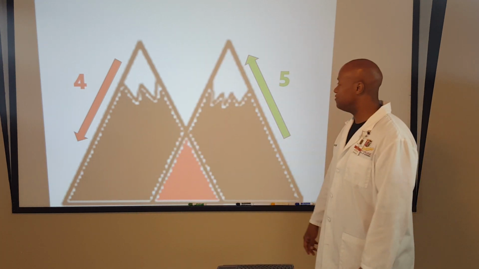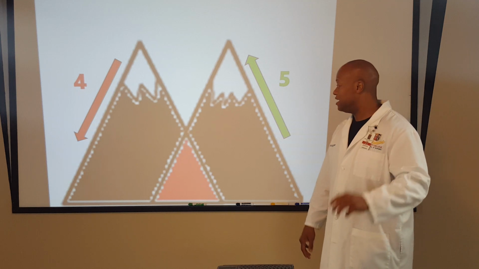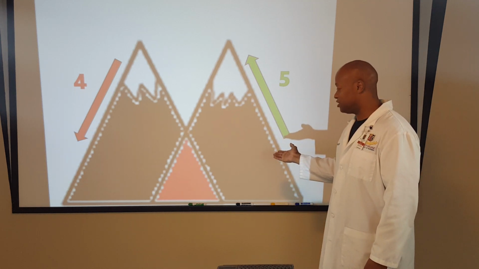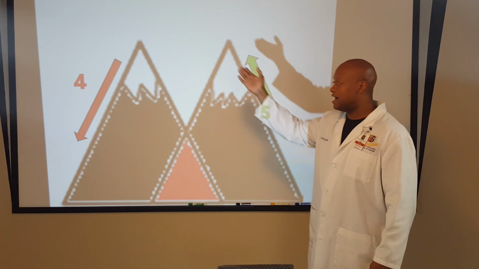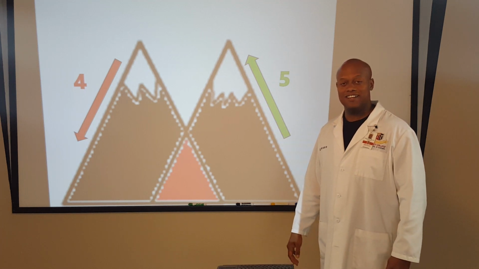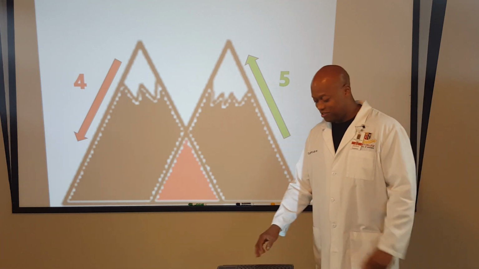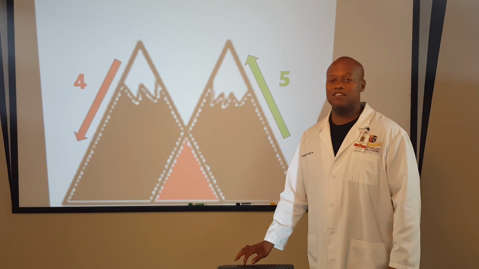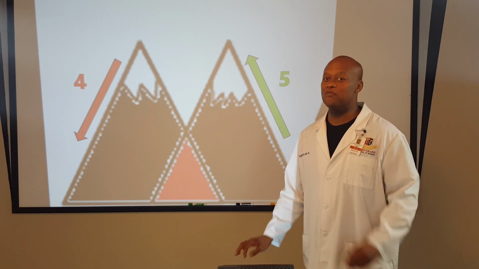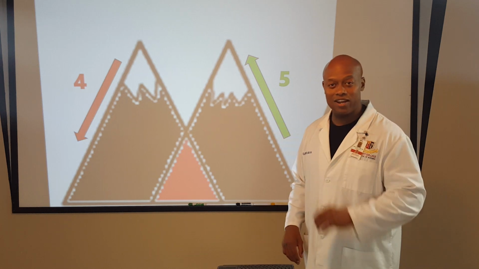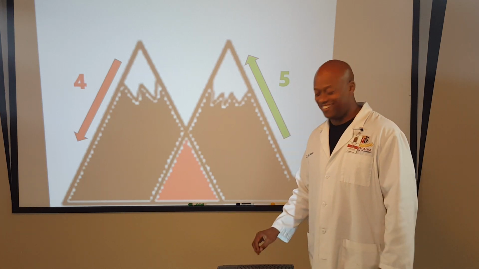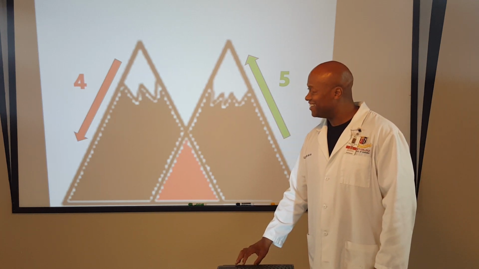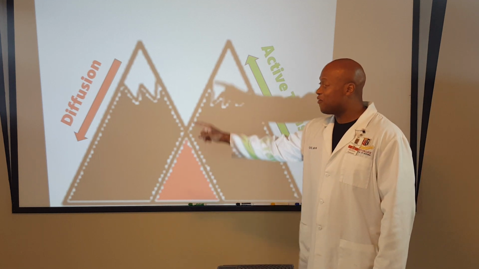And then 5, what was the process that went from an area of lower concentration to higher concentration? You should have put the following, and shame on you if you're sitting there just saying this stuff to yourself. Write it down. Psychomotor. All right, so 4, diffusion.